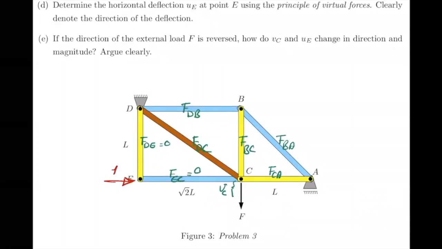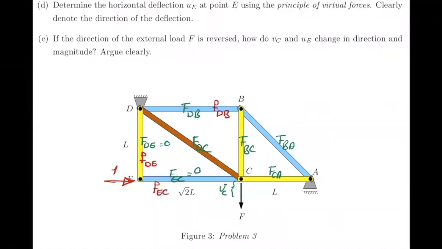And because of that force of 1, you now need to calculate each of these again. So what is FDE? What is FEC? What is FDB? All these small f's in red are the virtual forces in each member. So you need to calculate them.